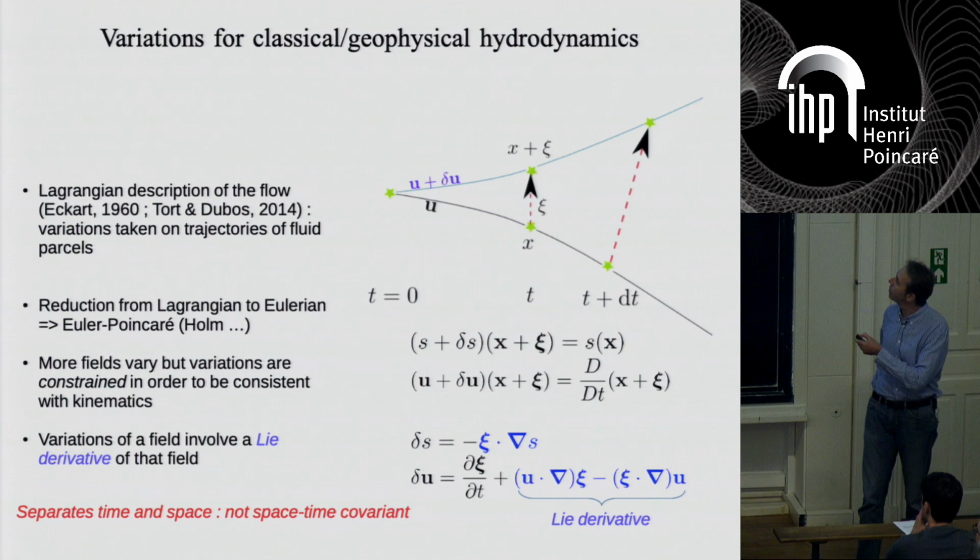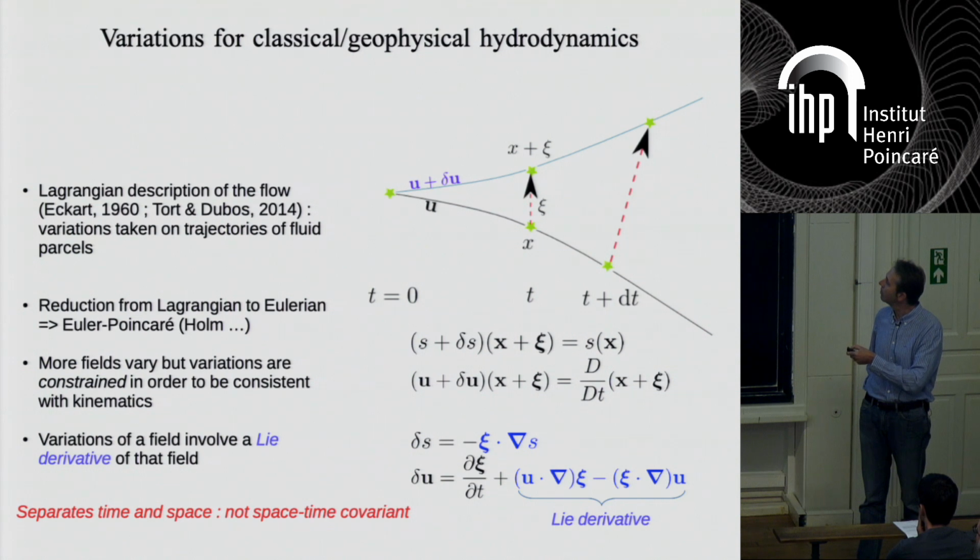So this is how it works classically. Okay, so if you take the Lagrangian viewpoint, you have a trajectory, and then you perturb that trajectory by an amount psi, and this amount psi will tell you how much the velocity changes. Now, if you want to do the same thing in a Eulerian frame, you have to convert this psi into perturbations of S, which is the entropy field, and velocity.